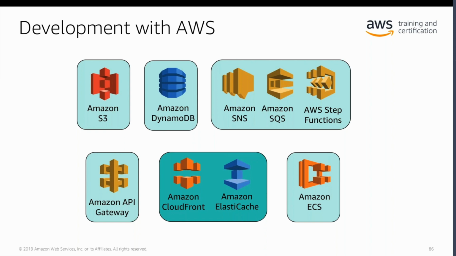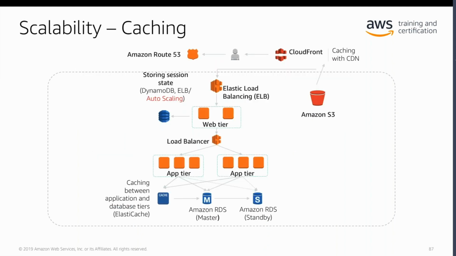CloudFront, then, is a caching service. What it does is it allows us to cache content closer to where the user's actually at, rather than having that content pulled all the way from the region every single time. So, you have your load balancer, but maybe you also have a lot of your static content sitting in S3.